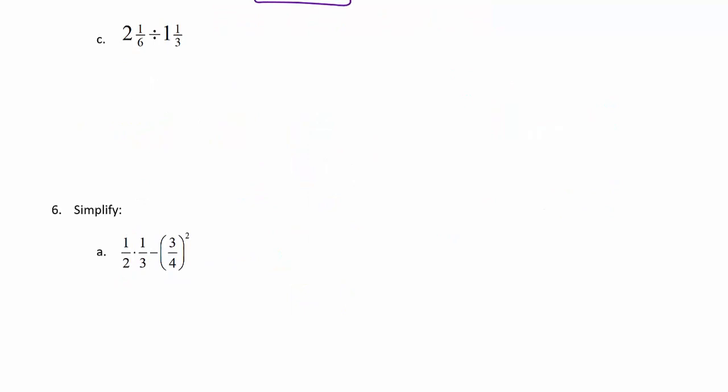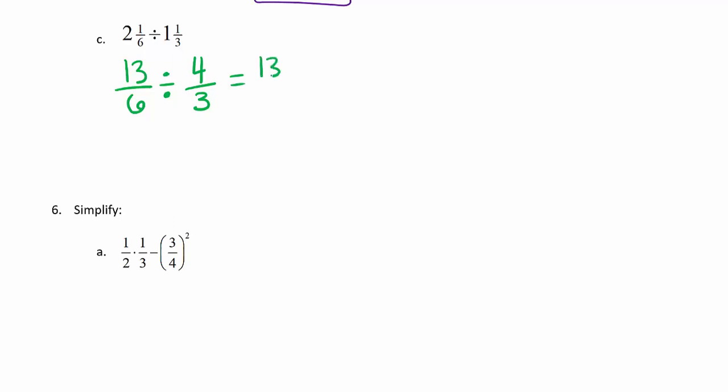Now, if you want to multiply or divide with mixed numbers, you have to change these into improper fractions. 2 times 6 is 12, plus 1 is 13. So 13/6 divided by 1 times 3 is 3, plus 1 is 4, 4/3. And now this problem is exactly like the one we just did.